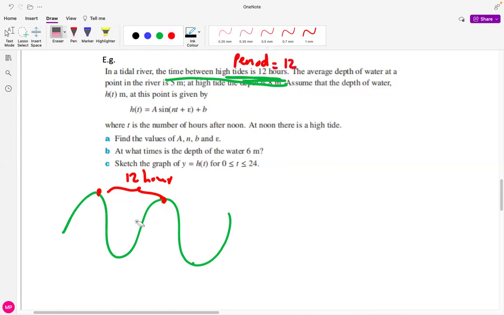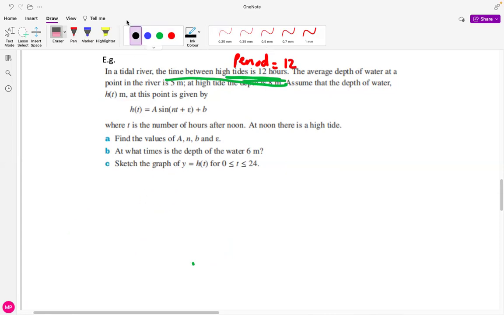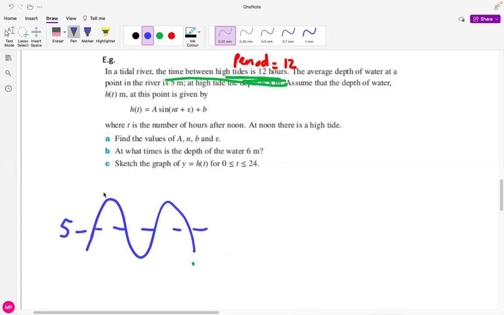Okay. Now, the average depth of the water is 5 meters. So they're telling you that when you have a graph like that, the middle value, that's 5 meters here. Okay. And at the high tide is A. So the maximum here is A. The middle is 5.